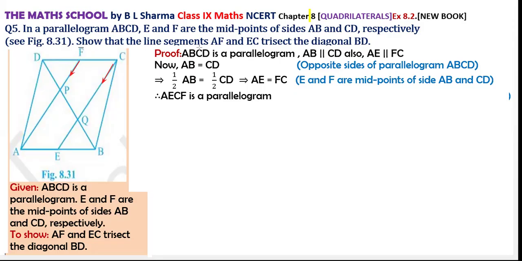And we consider the triangle, this one. Using converse of midpoint theorem, in triangle DQC, F is midpoint of DC, and this FP is parallel to CQ.